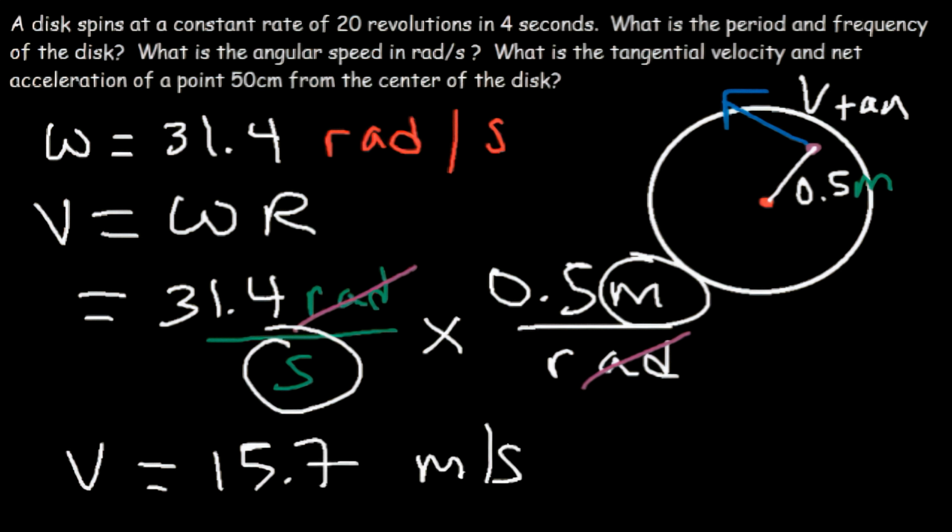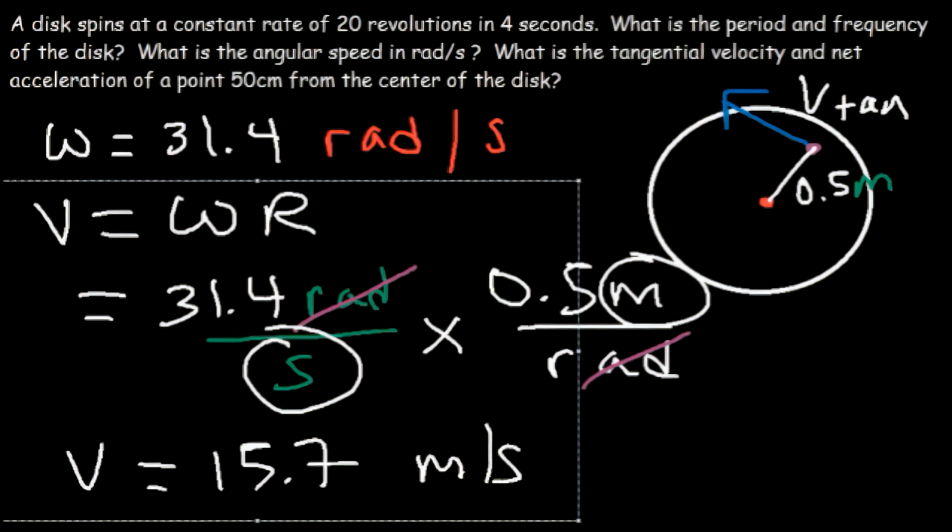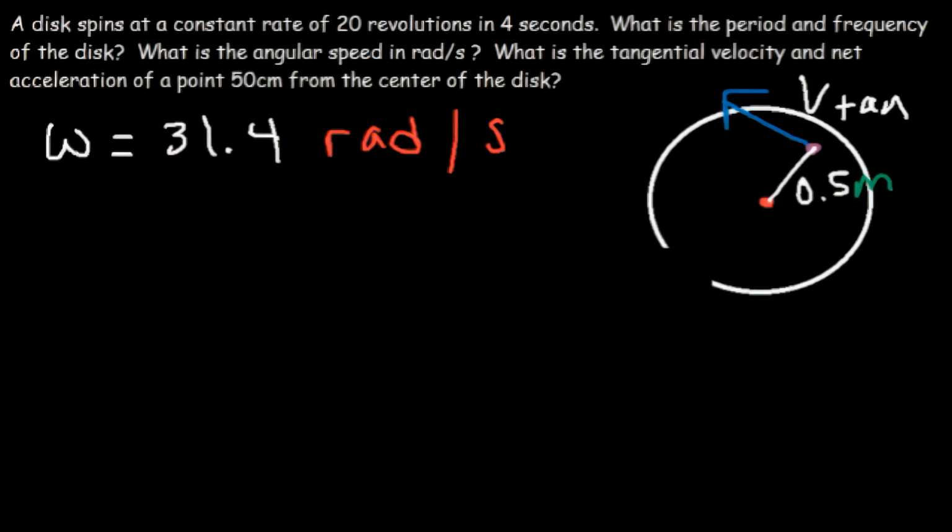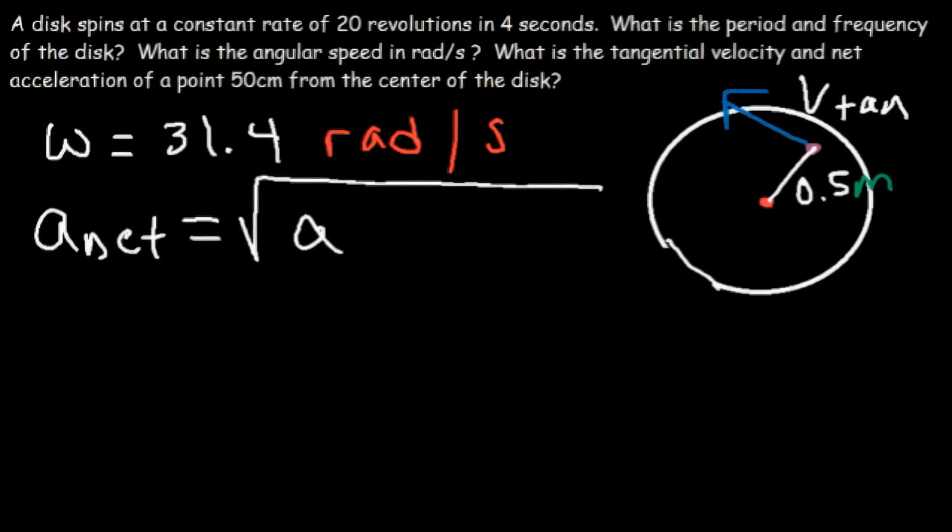Now, how can we calculate the net acceleration? Now, we need to realize that there's two types of acceleration in this problem. The net acceleration is the square root of the square of the radial acceleration plus the square of the tangential acceleration.